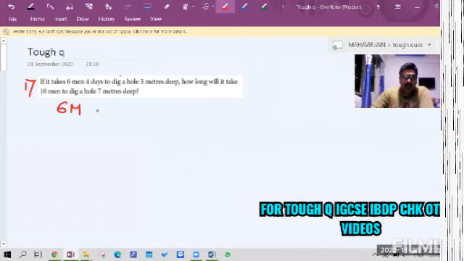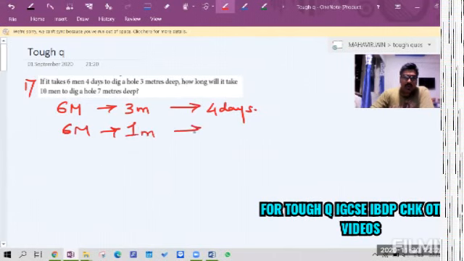So 6 men dig a 3 meter deep hole and it takes 4 days. If the same 6 men want to do a 1 meter hole, they will obviously take less time, and it is 4 by 3 of the days.